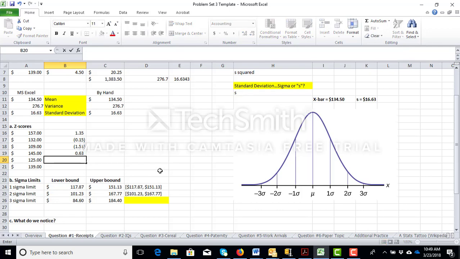So I'm going to give you a moment. I'd like you to compute the z-scores for these last two receipts using the approach that I used for these four.